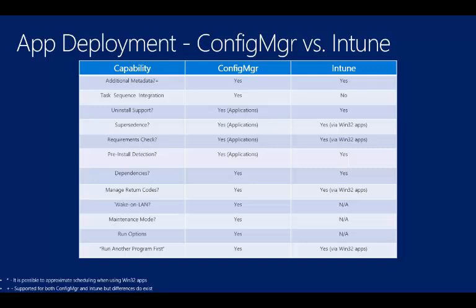The option run another program first, right? That is in ConfigMgr. It is in packages. That is a dependency kind of thing. So in the application model for ConfigMgr, the dependency chain is a lot more refined and capable, right?